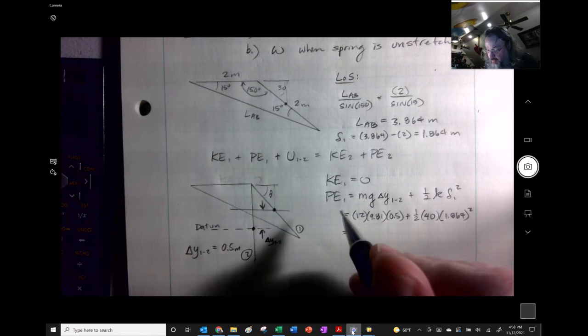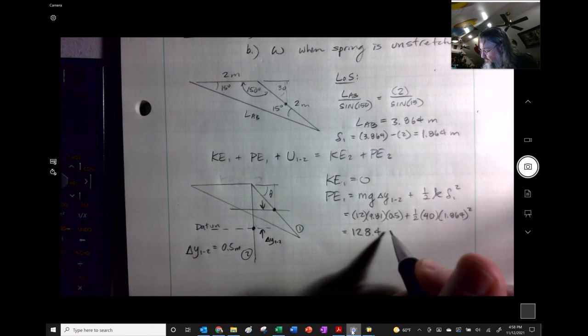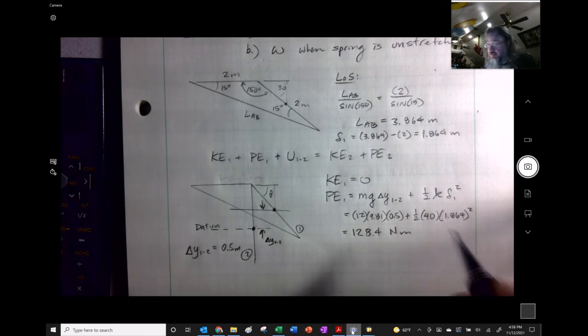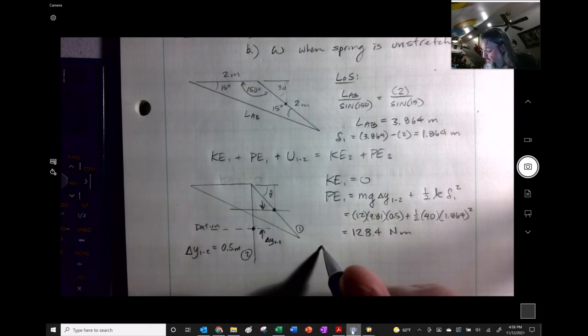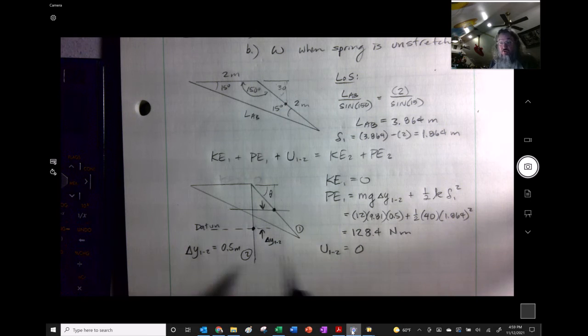So added together, they are 128.4, and these are Newton meters. And there are no losses or anything external going on here. We haven't applied anything, so there's no work there.